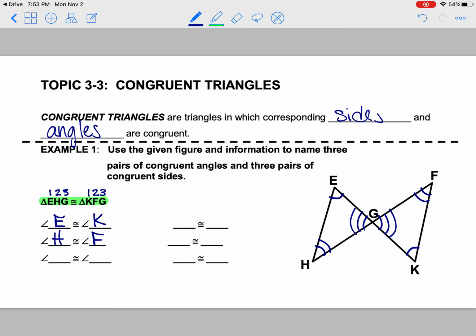But now let's talk about G. We can't just say G is congruent to G because you wouldn't know exactly which angle you're talking about. If there are multiple angles at one letter, you have to name them with their 3 letters. So I could say angle EGH is congruent to angle KGF.